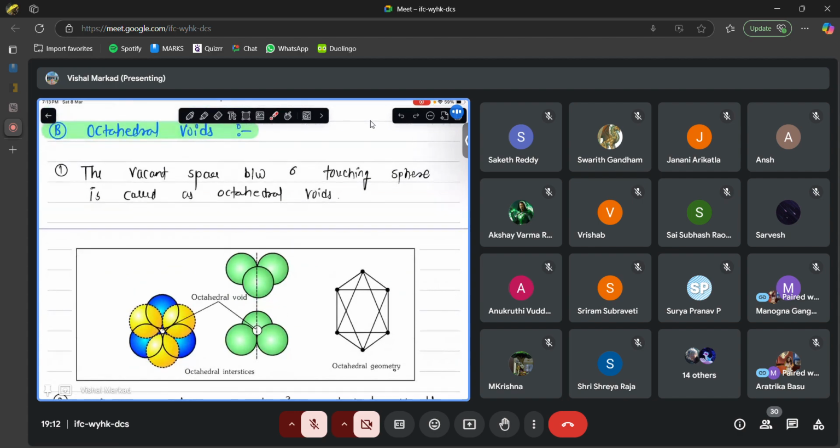Then comes the octahedral void. Three at the bottom, three from the top. See, you put three balls on the horizontal surface, and there will be some space. From the top you take three balls and keep them in this way on the bottom ones.